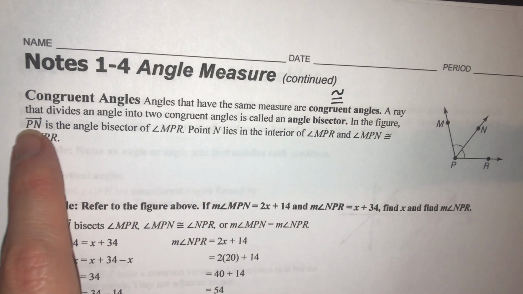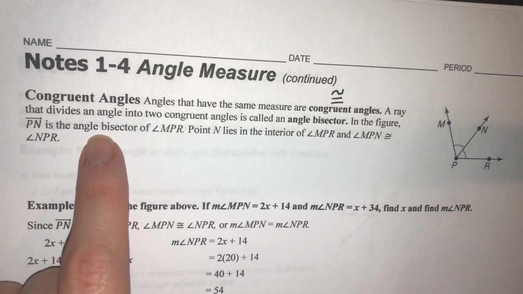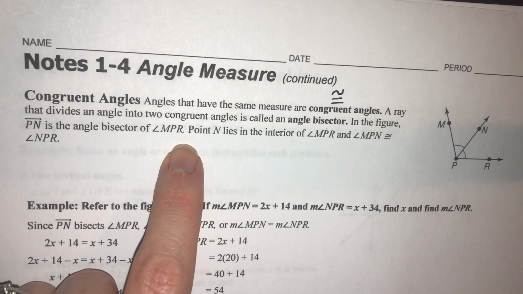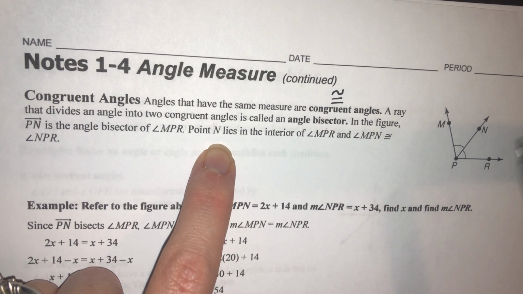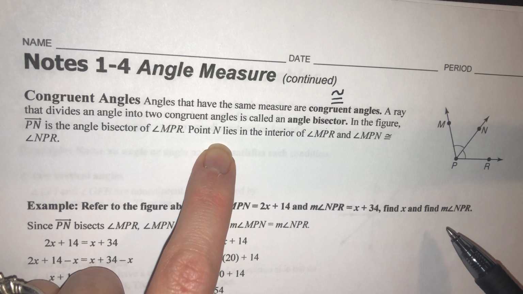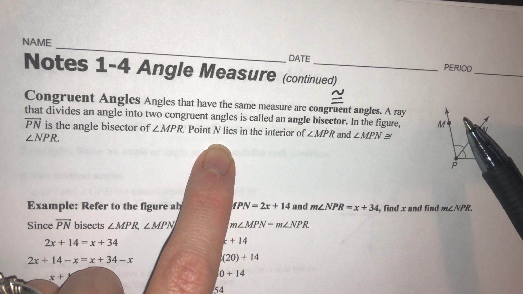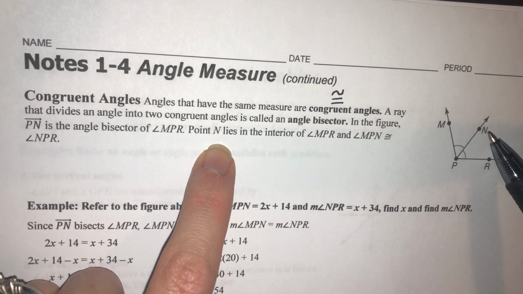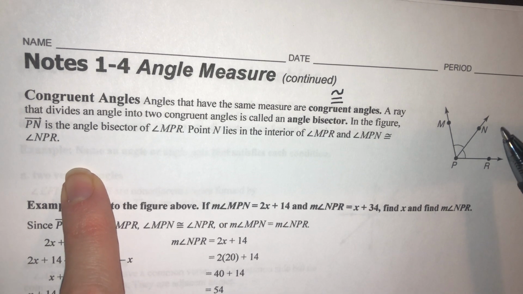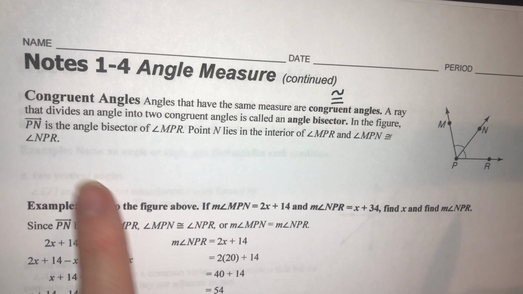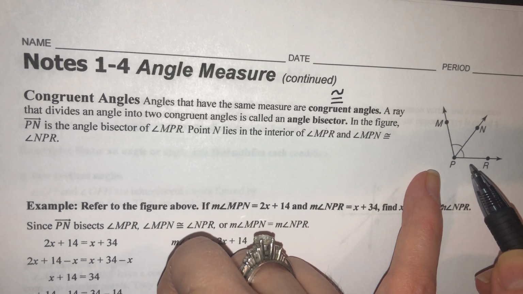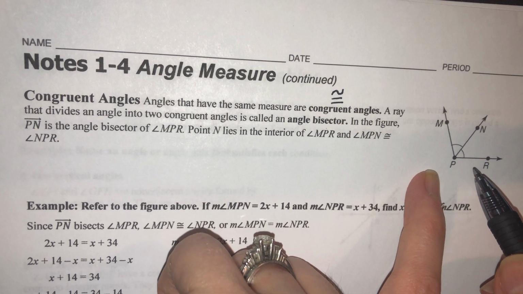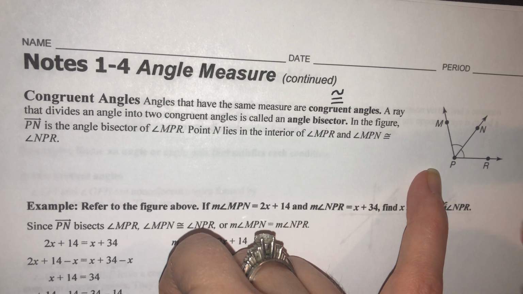In the figure, the ray PN is the angle bisector of angle MPR. Point N lies in the interior of angle MPR, and angle MPN is congruent to angle NPR. Notice in the picture that there's some little arcs here. Those arcs are there to show that those two angles are congruent to each other.